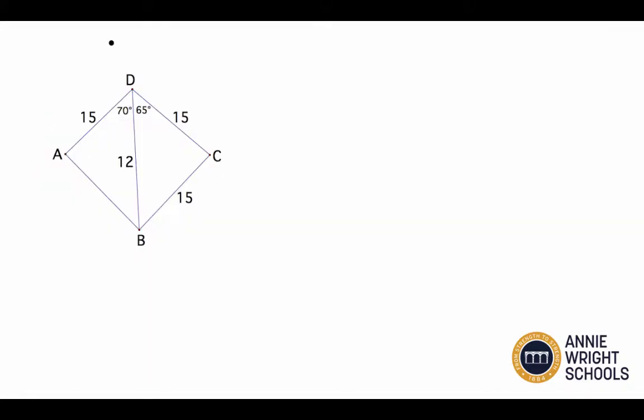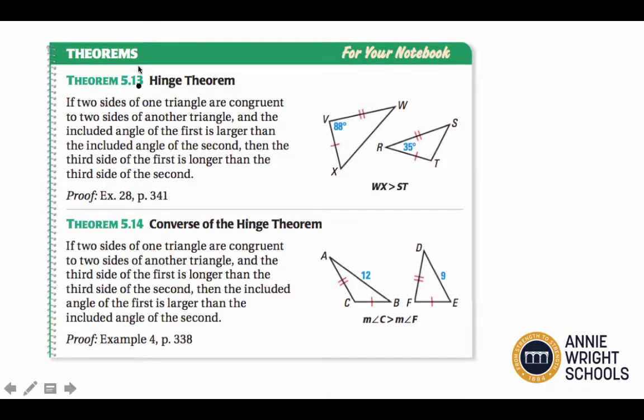It's called the hinge theorem because I want you to think about this angle WVX and the angle SRT, those sides of the angle acting like a hinge in a door. And the wider the door is open, the further that distance would be.